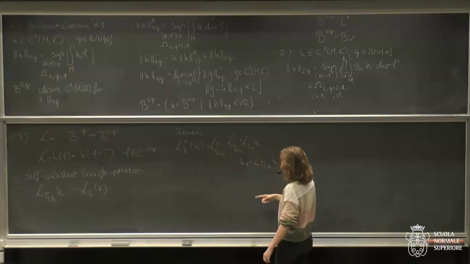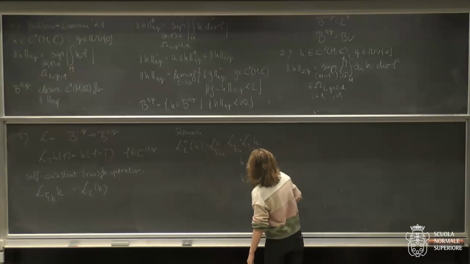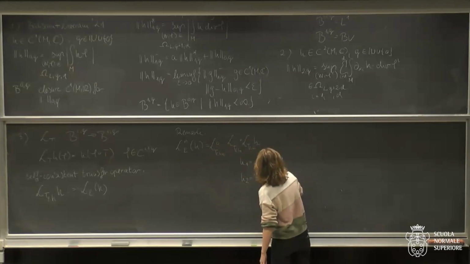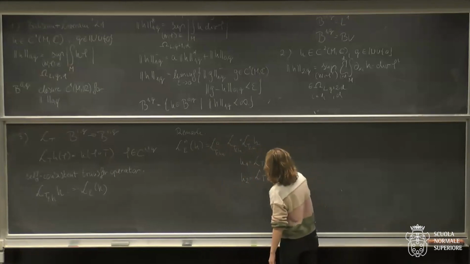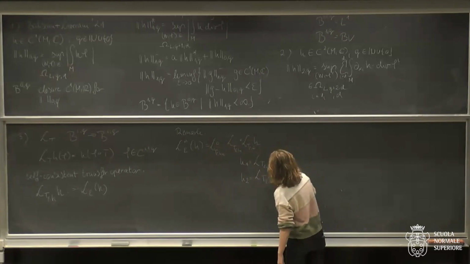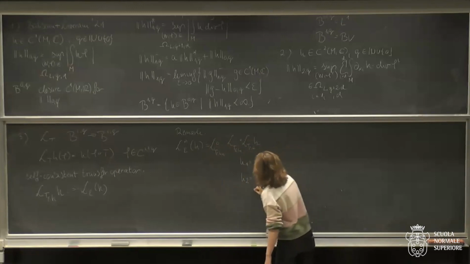I do this in every step. I define H2 as the transfer operator associated to the map T epsilon H1, applied to H1, and so on.